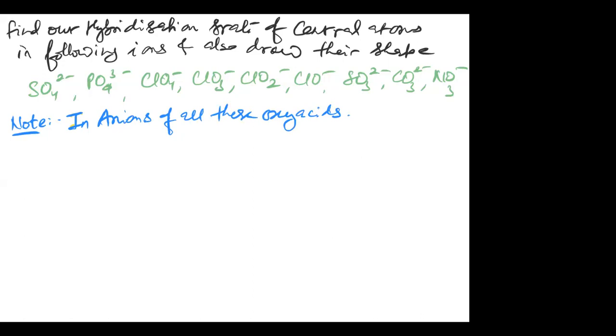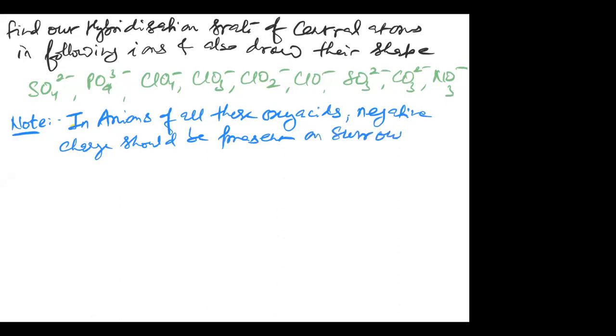So in the anion of all these oxyacids, negative charge should be present on the surrounding oxygen atoms. Obviously, with oxygen in an oxyacid, the H plus ion has to be connected. That's why they are oxyacids initially. And after losing H plus from oxygen, oxygen should acquire a negative charge.